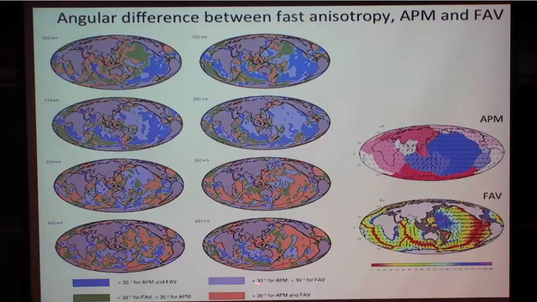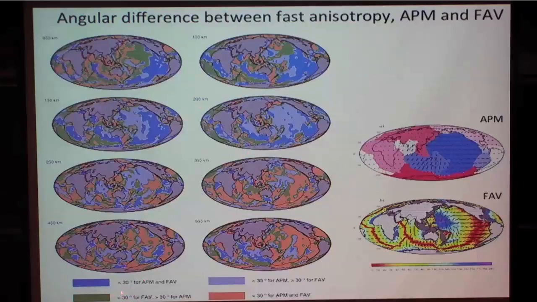Now, if we look at the regions where the anisotropy agrees with APM, but not the fossil accretion velocities, you can see that the blue regions start to cover entirely the whole oceanic basins at 150 and 200 kilometers depth.